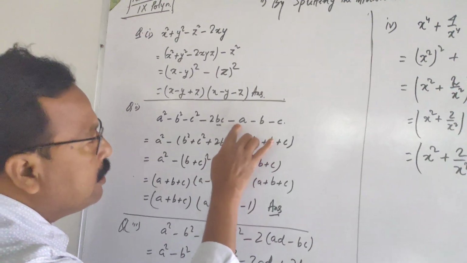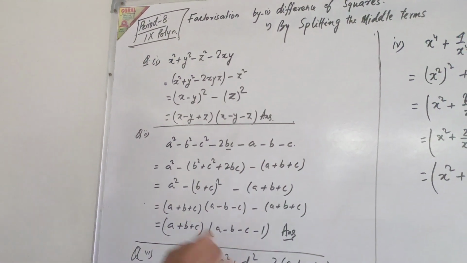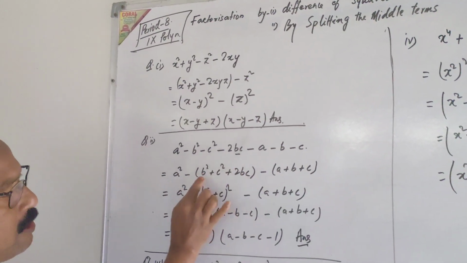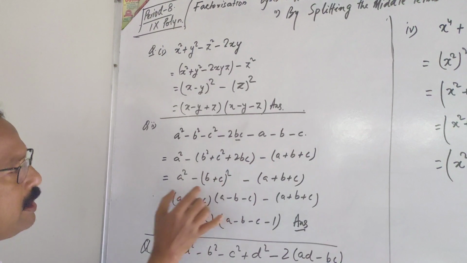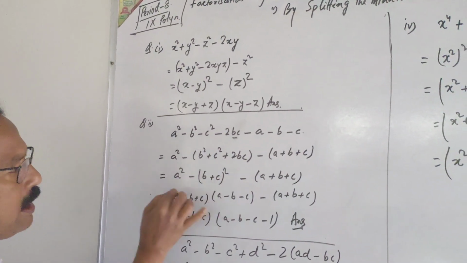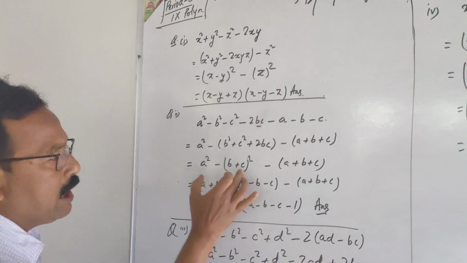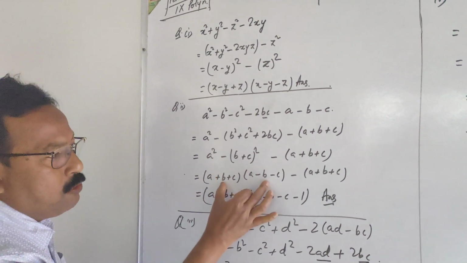On dividing these three terms, we will get a positive term here, and a square minus this one is of the form of a plus b's whole square and b plus c's whole square. Here it is of the form a square minus b square, and we have taken these in two factors.